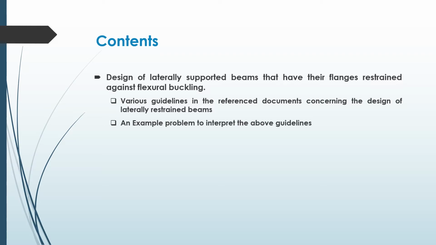The contents of this presentation include, number one, various guidelines in the reference documents concerning the design of laterally restrained beams, and at the end an example problem is solved for a better interpretation of these guidelines.